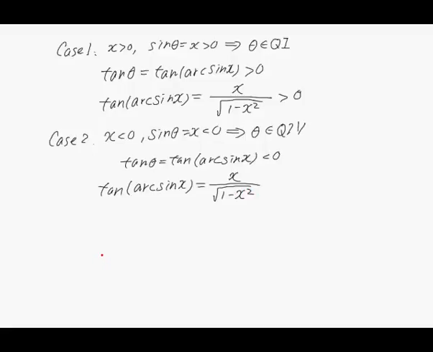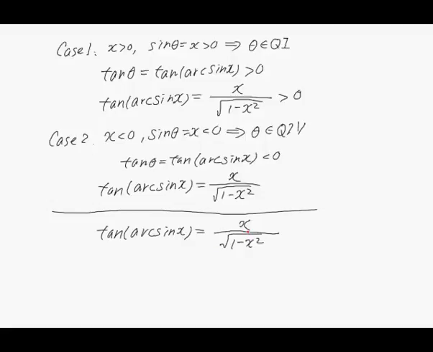So that means in either case, you always have tangent of arc sine x equal to x over the square root of 1 minus x squared, no matter x is positive or negative.